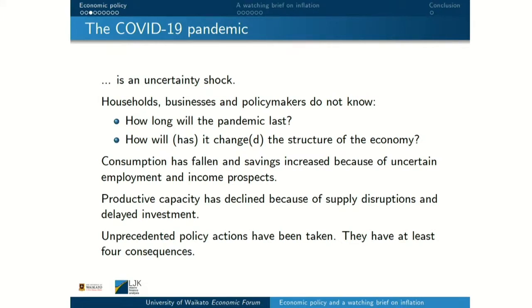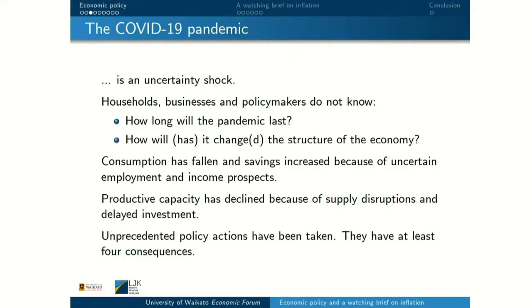And so because it's an uncertainty shock, consumption has fallen and savings have increased because of uncertain employment and income prospects. But also productive capacity has declined because of supply disruptions and because of delayed investment by businesses in response to the uncertainty.